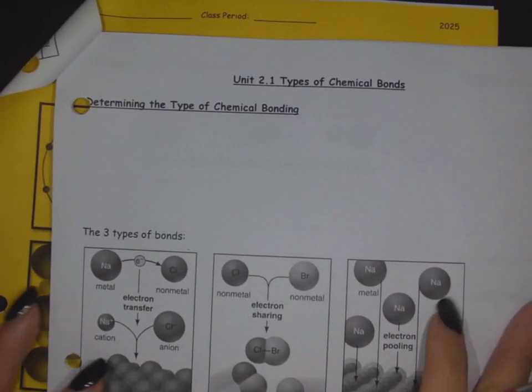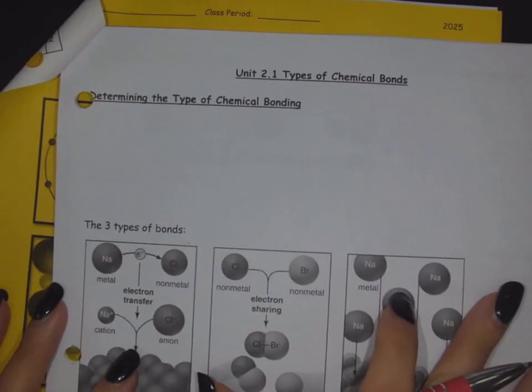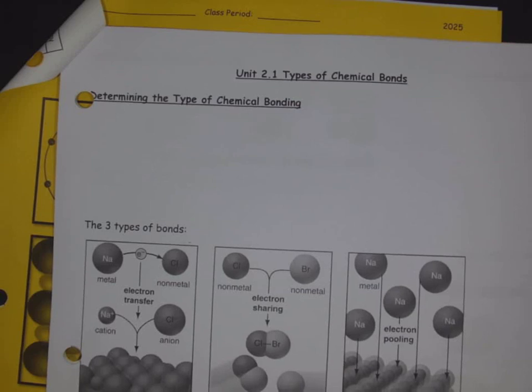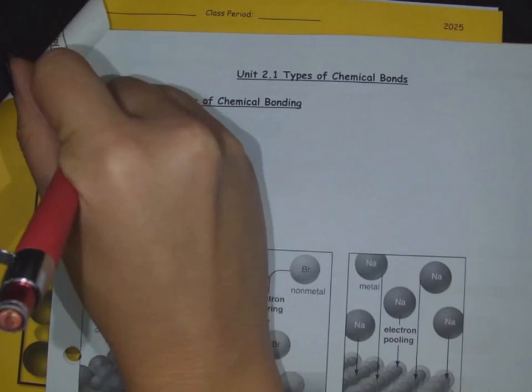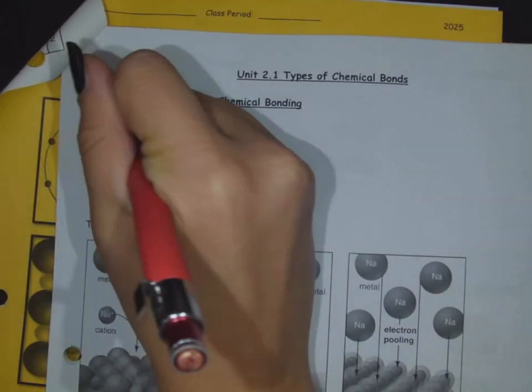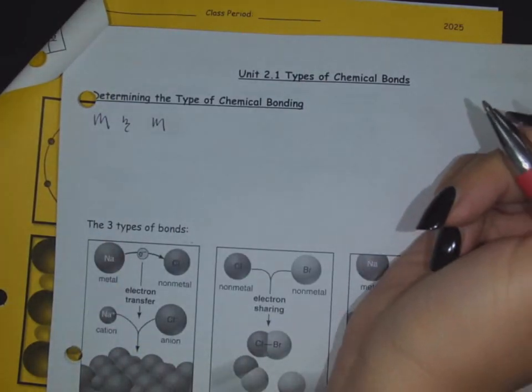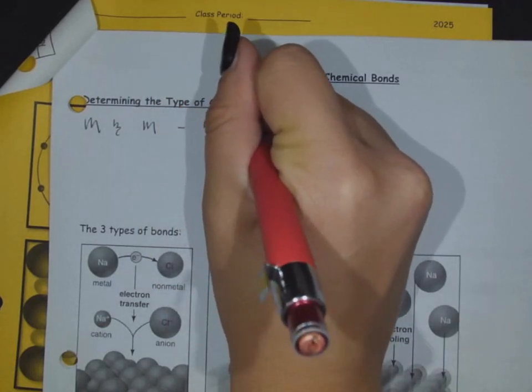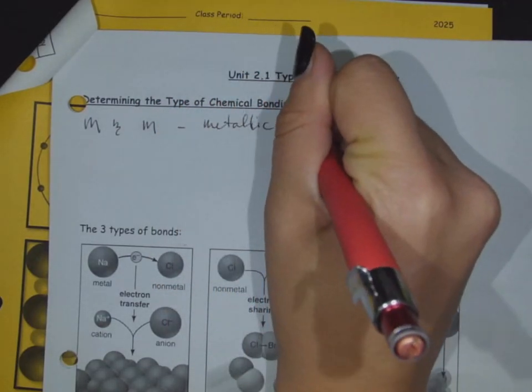Now, the main way that we decide what type of chemical bond is occurring is by looking at the types of atoms involved in the bond. If we have a bond between a metal atom and another metal atom, then we would call this a metallic bond.